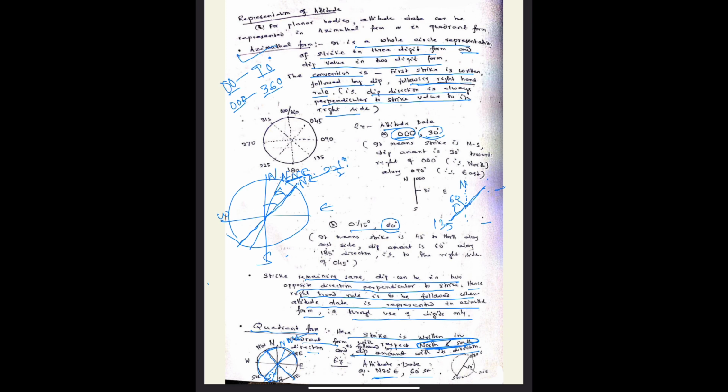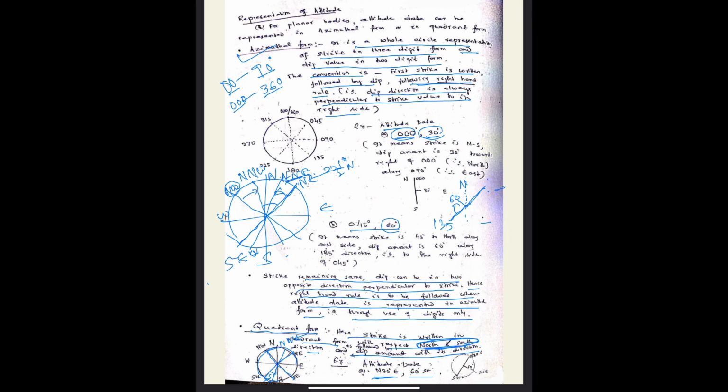It will have 22.5 degrees from north. So the other end will be south southwest. Similarly, this line will be northwest. This is northwest. North of northwest. This will be the north direction of northwest.